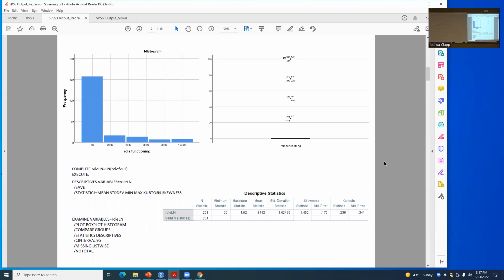Yeah. What's going on with this box plot? Well, I noticed that the readings are all in 25s. So it looks like the majority of your people are at 0, and then the further out you go, you have 25, 50, 75, 100.